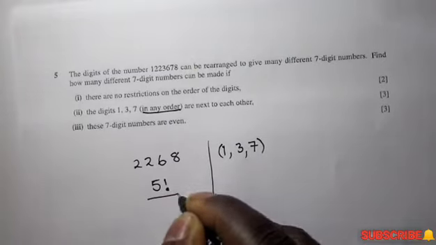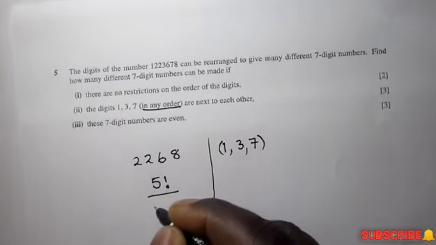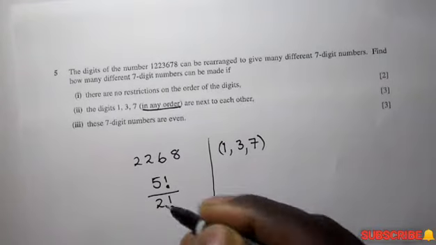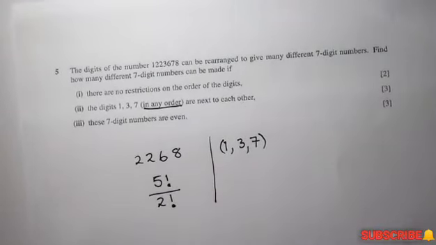Then 5 factorial is going to be divided by the number of identical elements or identical digits. 2 has appeared twice. So I'm going to divide 5 factorial by 2 factorial. And I have explained that the 2, I'm not referring to the number 2, but I'm referring to the number of appearances of digit 2. I hope you are listening. So we are done on the left side. Right.